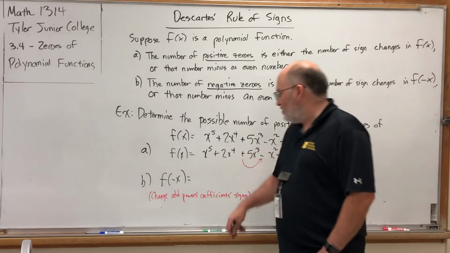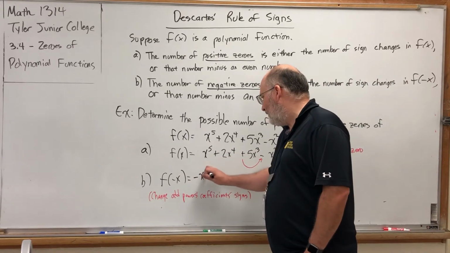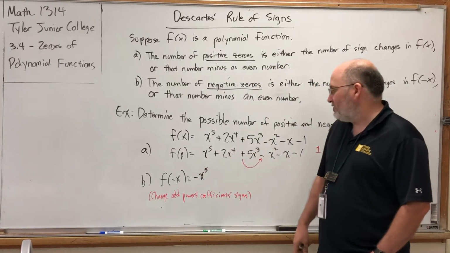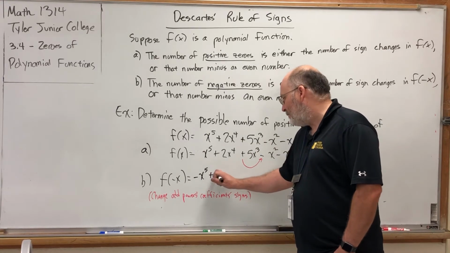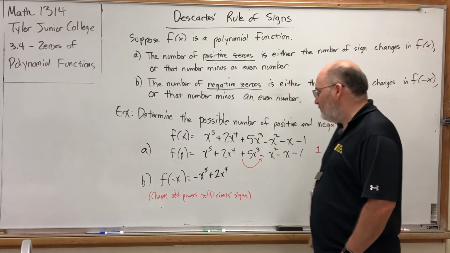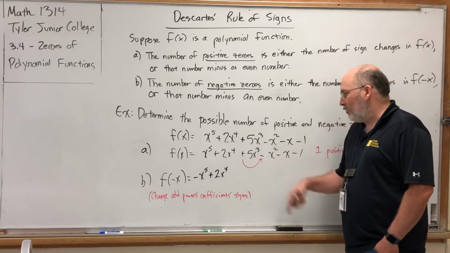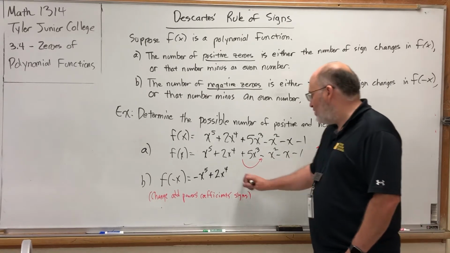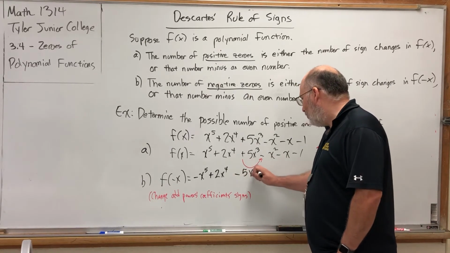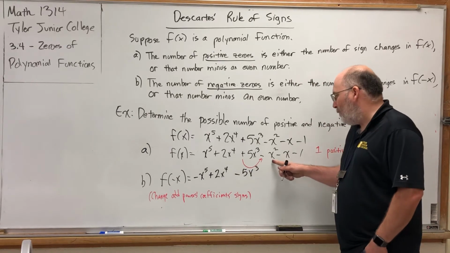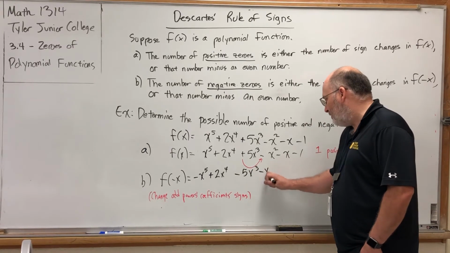So x to the fifth is an odd power, it's going to change to negative x to the fifth. X to the fourth is an even power, it's going to stay the same. So it will stay positive 2x to the fourth. X to the third is an odd power, so it will change to negative 5x to the third. X squared is an even power, it will not change, it will stay negative.